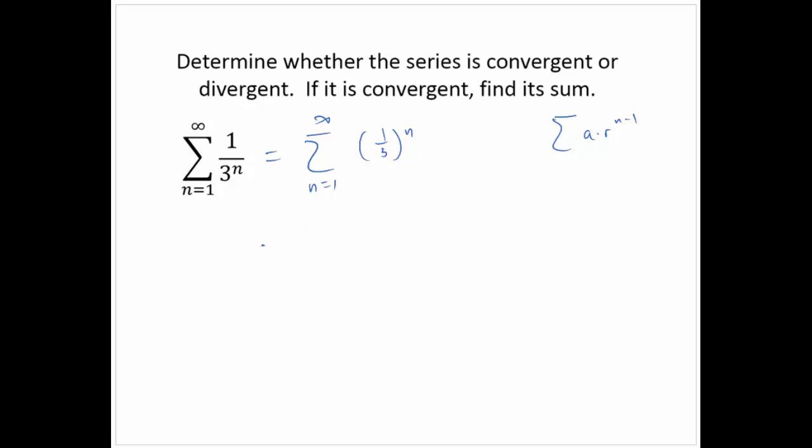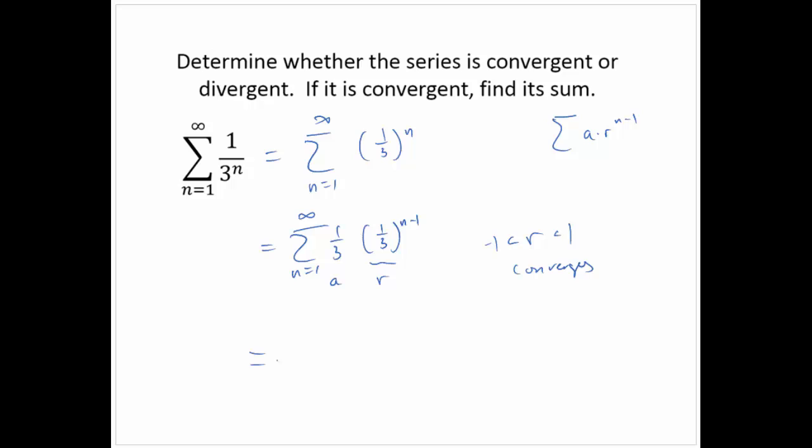So notice I could write this as sigma n equals 1 to infinity. I could, in a sense, take out a factor of 1/3. And so this would be 1/3 times (1/3) to the n minus 1. So the 1/3 is the a, and this 1/3 is the r. And so then, since r is between -1 and 1, we know it converges.